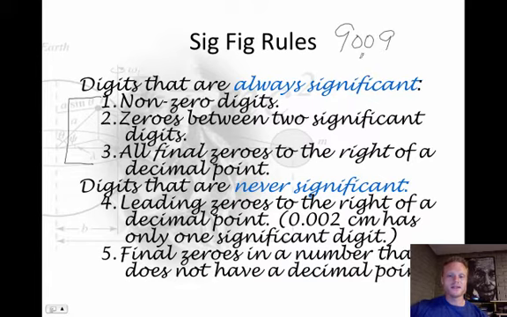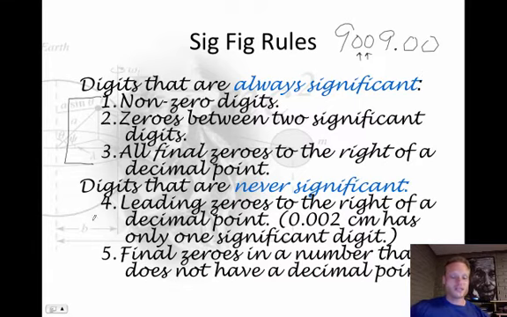These zeros right here are significant, because they're smushed between 2 non-zero digits. All final zeros to the right of a decimal point are significant. So if I put 0.00, these 2 zeros here would be considered significant.